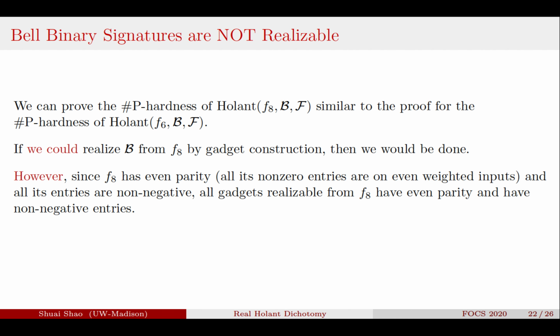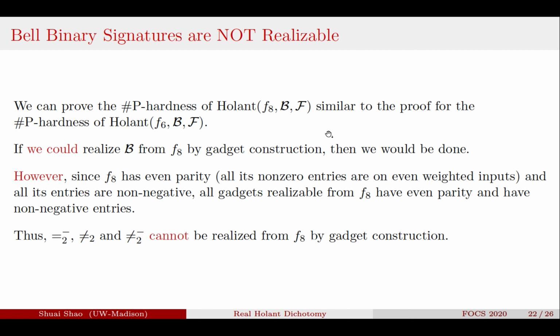However, since the signature f sub 8 has even parity, which means that all its non-zero entries are on even weighted inputs, and all its entries are non-negative, we can show that all gadgets realizable from the signature f sub 8 have even parity and non-negative entries. Thus, it's impossible to realize the other 3 Bell binary signatures by gadget construction from the signature f sub 8.